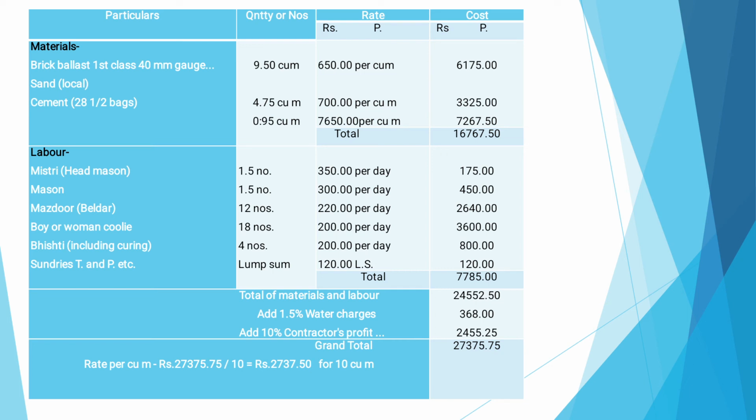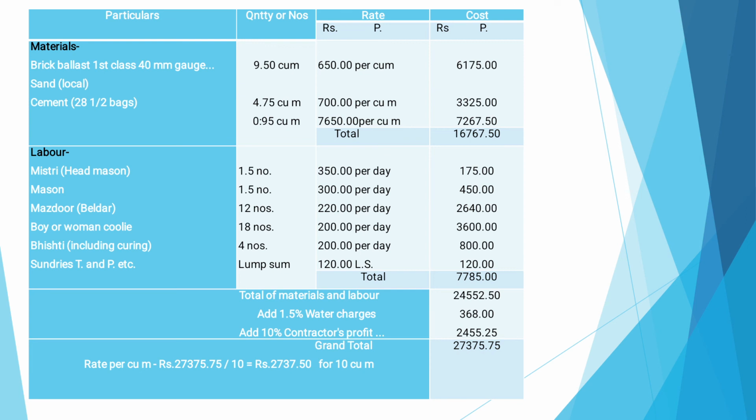Then boy or woman coolie 18 numbers at 200 rupees per day, therefore 18 into 200 is 3600 rupees. Then bistri 4 numbers at 200 rupees per day, therefore 800 rupees. Then lump sum 120 rupees, you directly write 120. Then total labor cost is 7,785 rupees.